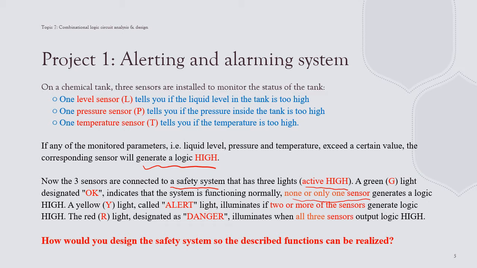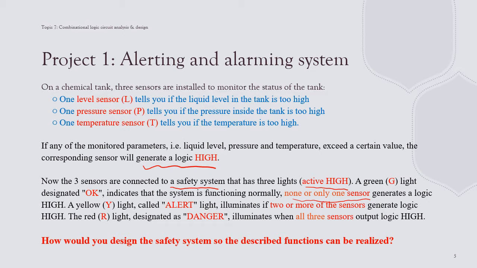And a yellow light, called alert, illuminates if 2 or more of the sensors generate logic high. If 2 sensors detect abnormal states inside the tank, then we probably need to start being alerted, right? So the yellow light will be on.